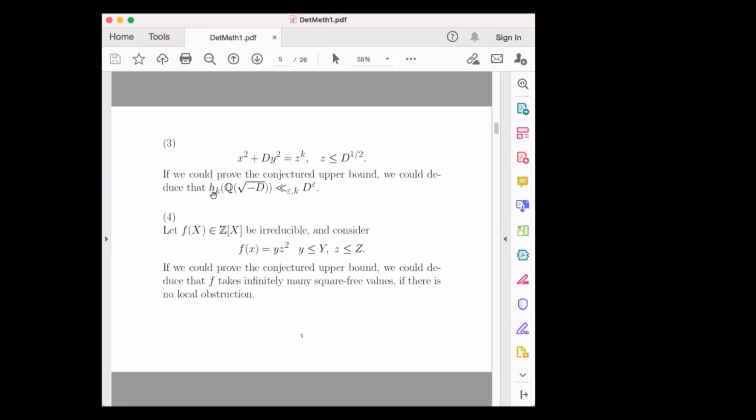That's to say that the k-part of the class group has size at most d to the epsilon for any small positive epsilon, no matter how small. This notation, I remind you, means that there is an inequality involving a hidden constant which depends on epsilon and k, but not on d. So one can prove something about class groups of quadratic fields.